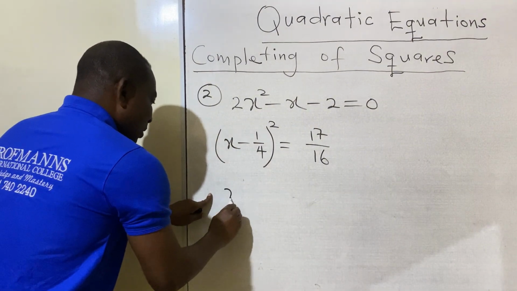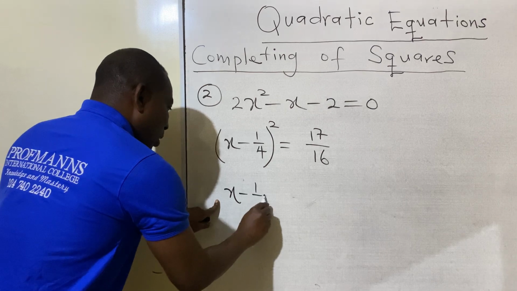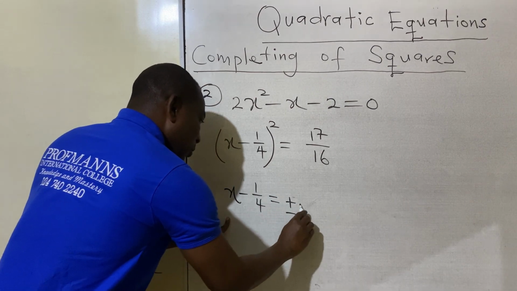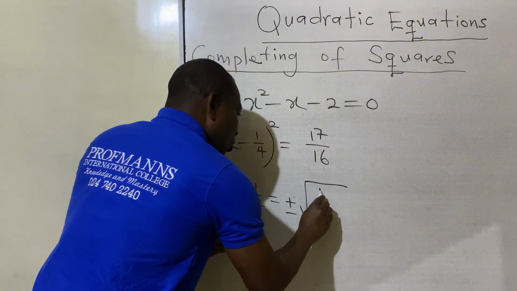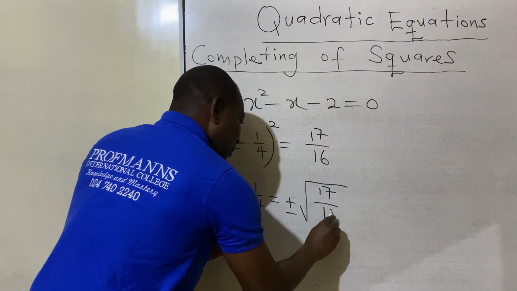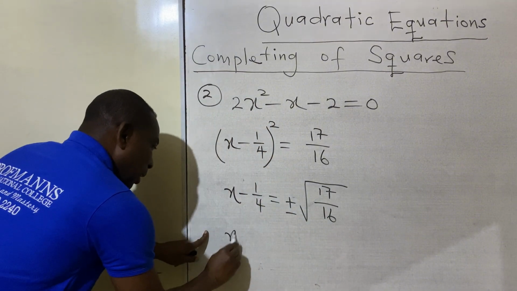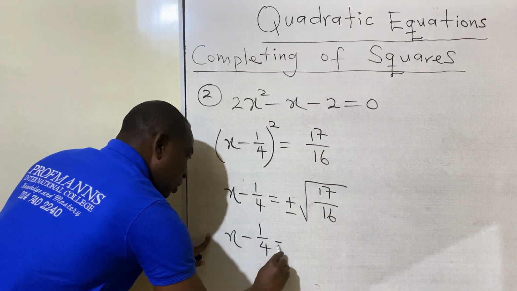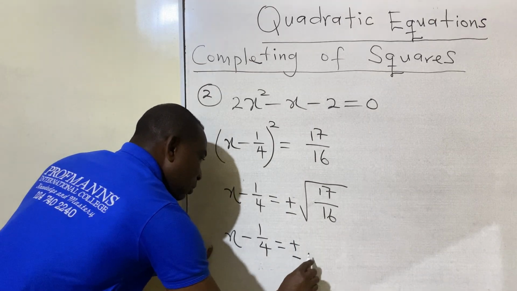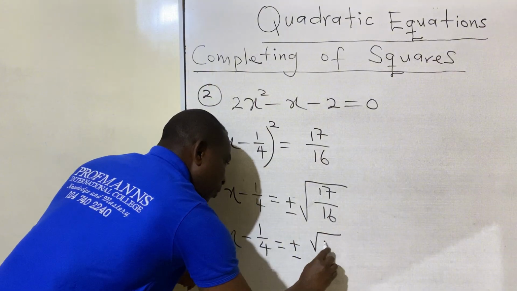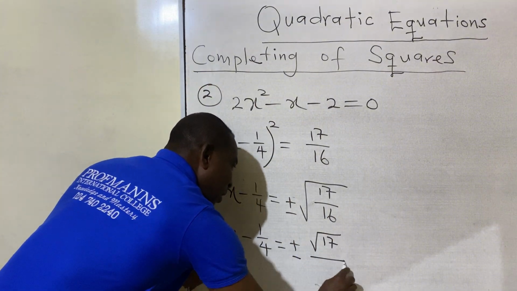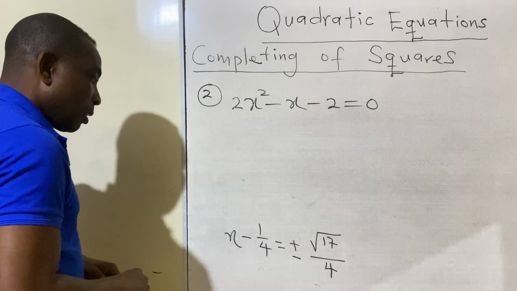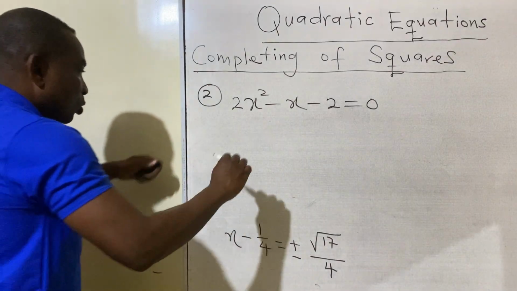So this will give us x minus 1 over 4 is equal to plus minus square root of 17 over 16. X minus 1 over 4 is equal to plus minus square root of 17 over square root of 16 will give us 4. We are grouping like terms.